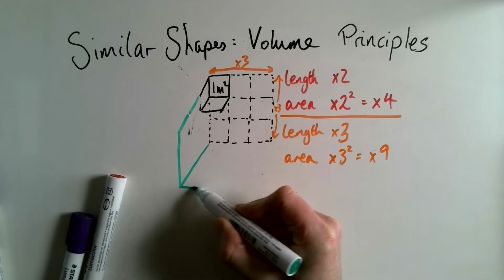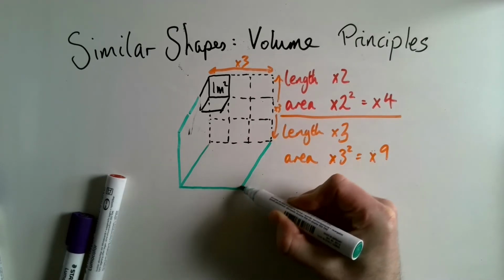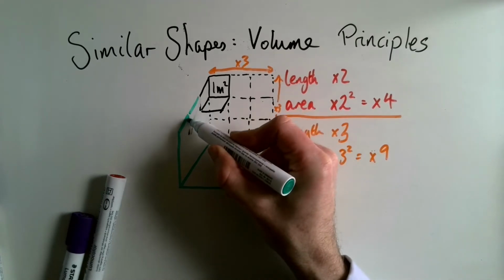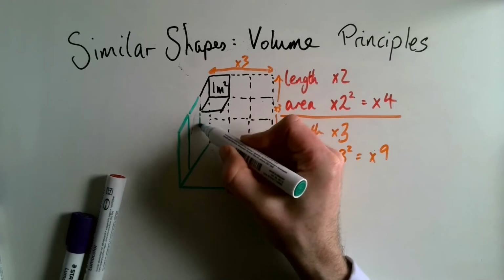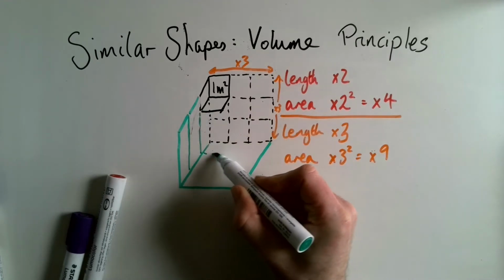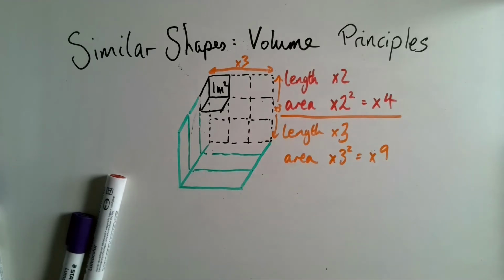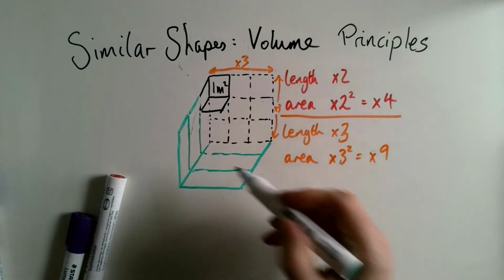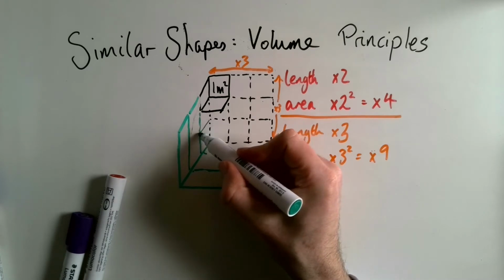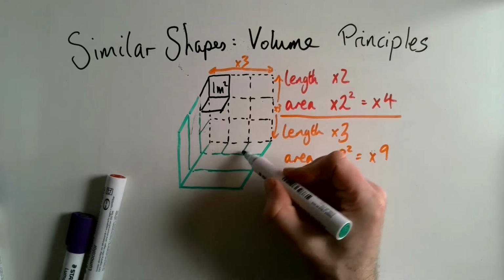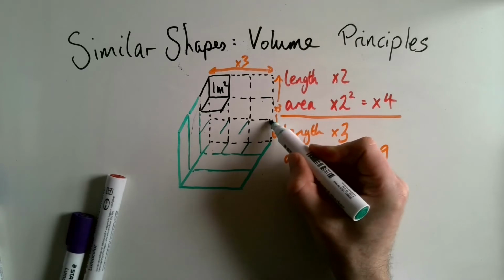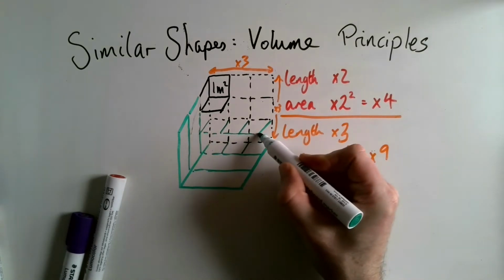And if I was to continue doing that, so that my cube is now 3 times the size in length, so the dimensions are 3 times the size, but the volume is going to be many more times that. You're going to have 9 cubes just at the top. Imagine these were glass cubes.